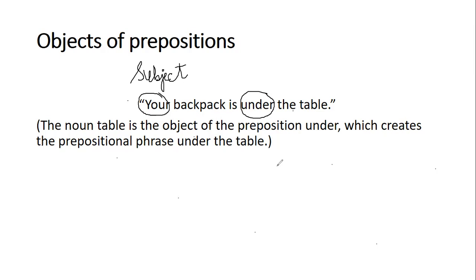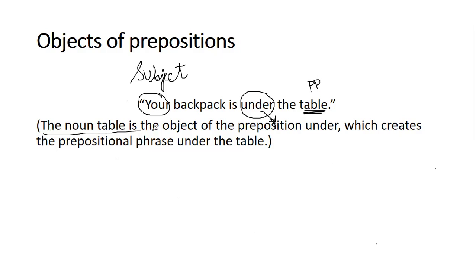Whether it is on the table, under the table, above the table, or below the table. Under is the preposition, right? So your backpack is under the table. Now, what is the noun which is related to the preposition? It is table, right? So the table is our object of preposition.